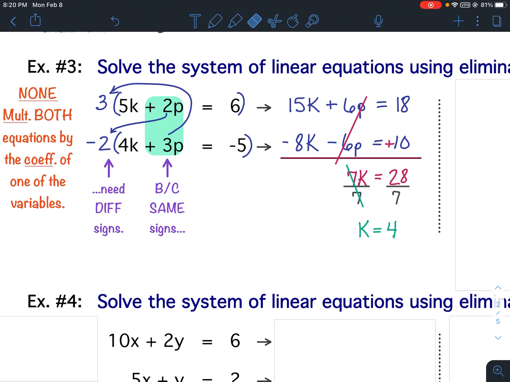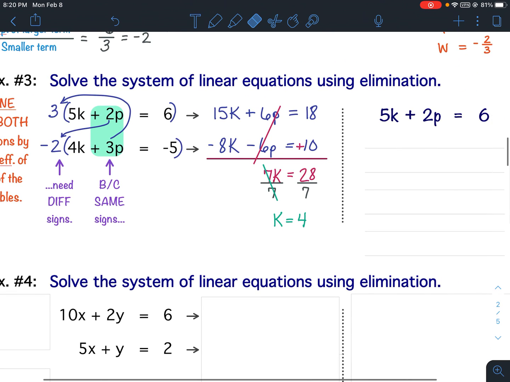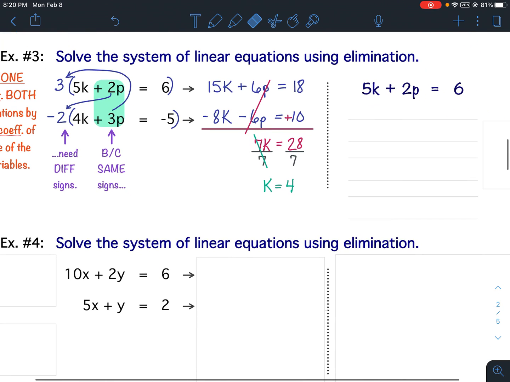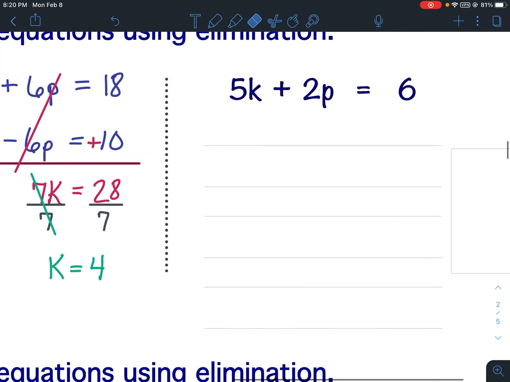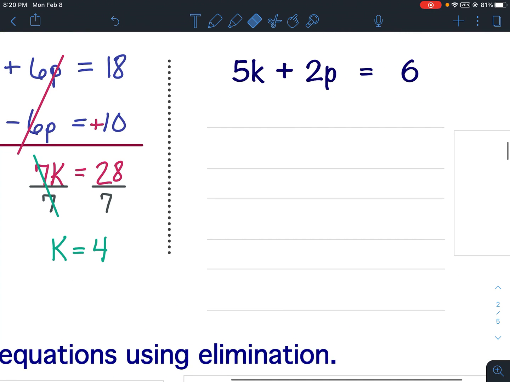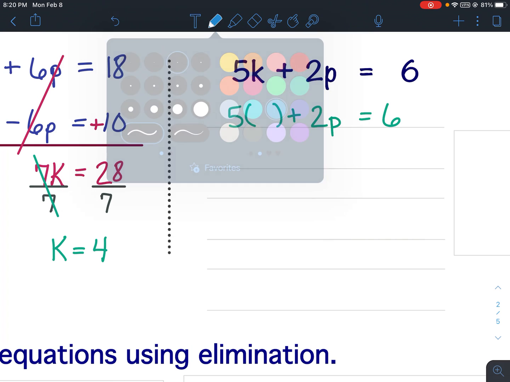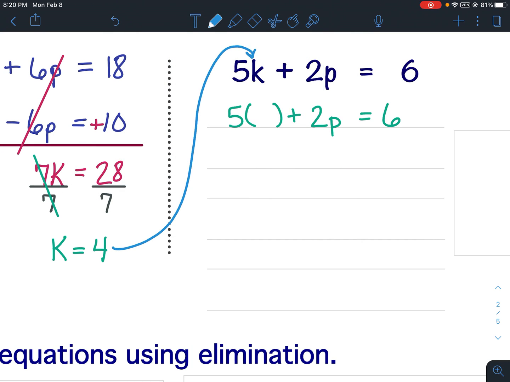I'm going to use the top equation. You don't always have to use the top one; that just happens to be the one I used. I'm going to substitute the 4 in for the k, so where I see the k, I need to put parentheses, and that 4 will replace the k.